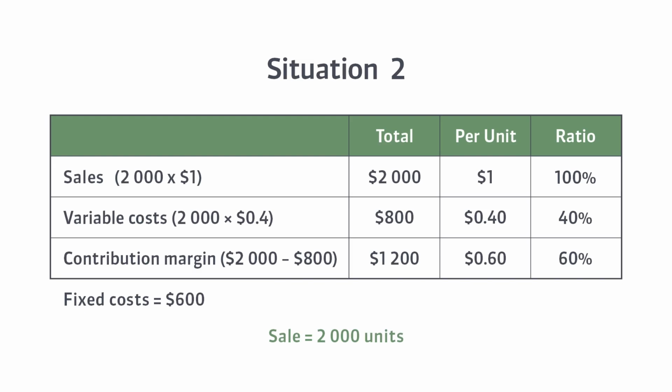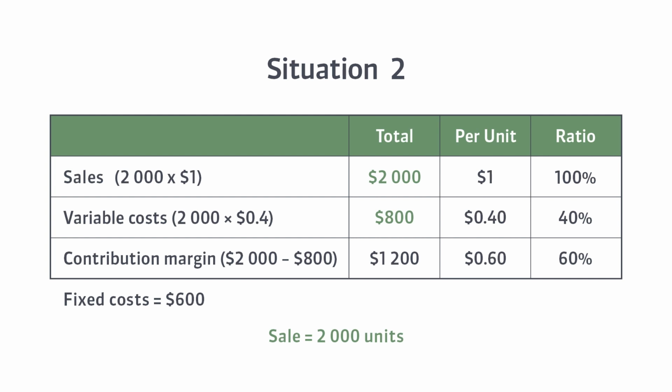Situation number two. This time, only the number of units sold will change. We will sell twice as many units. The price of one unit and its unit cost stay the same.